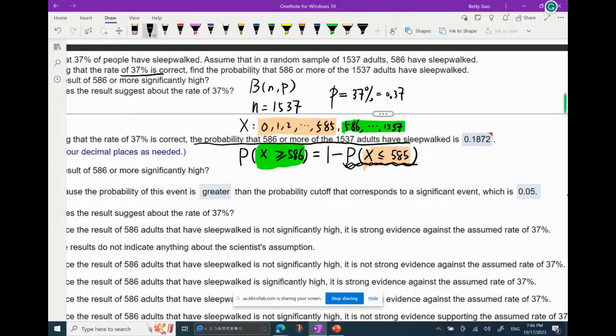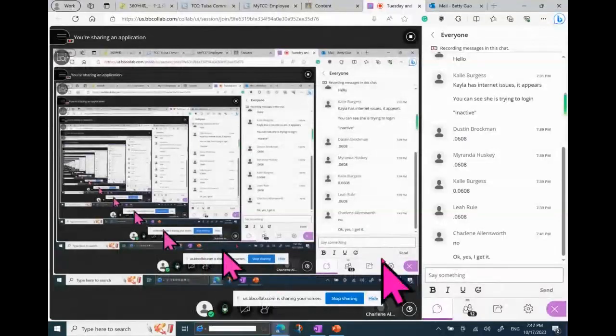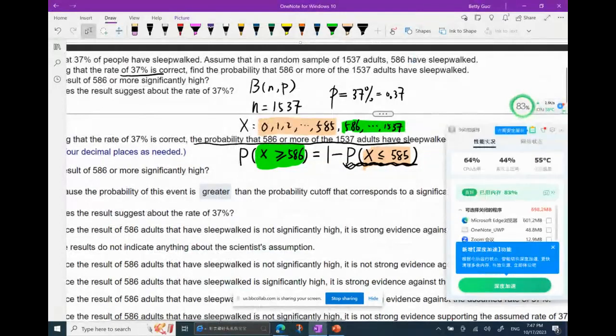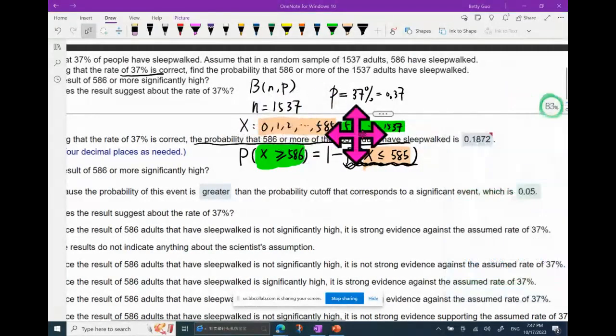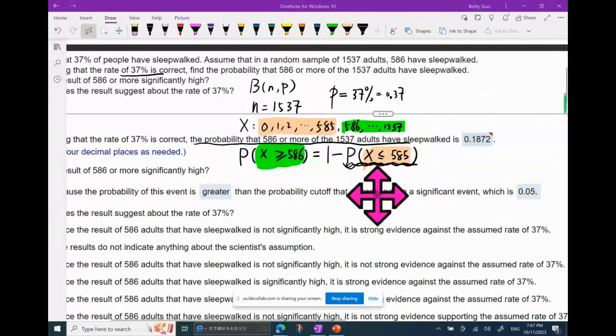Any question here? Okay, perfect. Thank you, Charlie. The green and the orange are complements. All the possible values x could take is from 0 all the way to 1537. Our event is from 586 to that, the green, and the rest is the orange. So the complement is 1 minus.